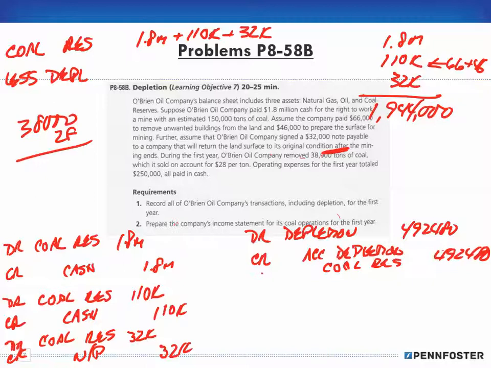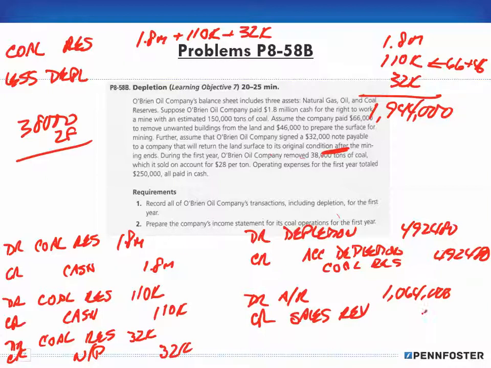So a normal journal entry: I'm going to debit my accounts receivable because I'm selling it on account for $1,064,000, and I'm going to credit my sales revenue because I'm selling it for $1,064,000.